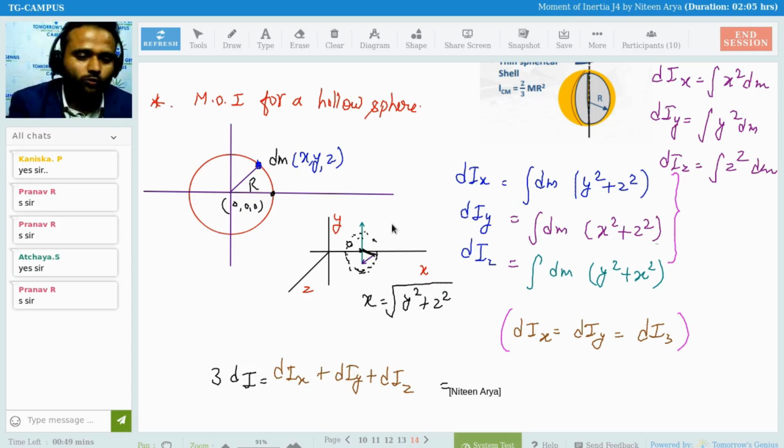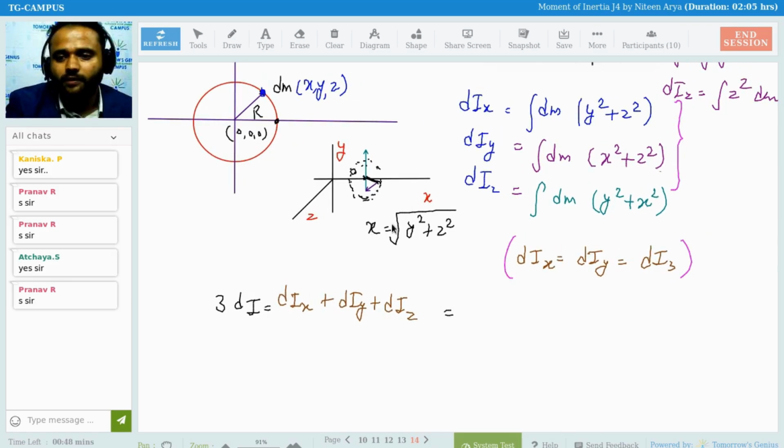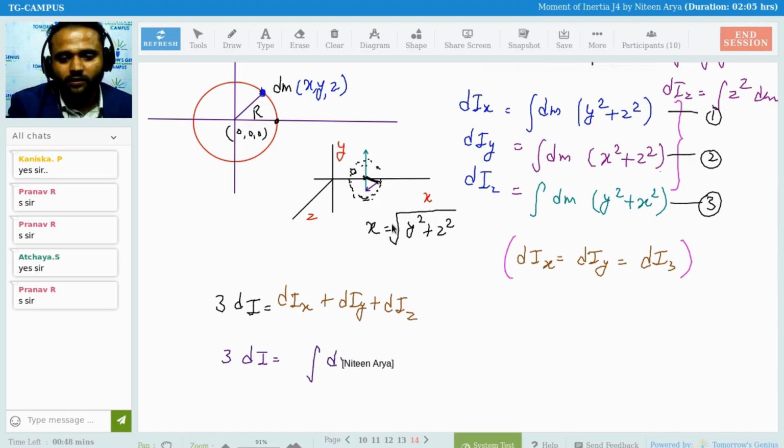When we add equation numbers 1, 2 and 3, it is going to give 3 di equals 2 dm, okay, just wait, not in this way.